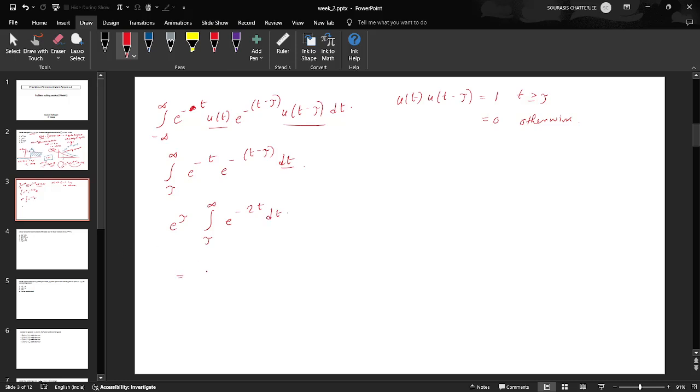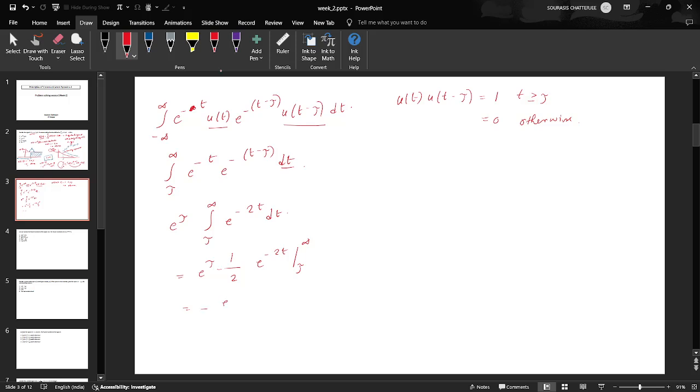and if we compute the integral, what we will get is e to the power tau times minus 1 over 2 e to the power minus 2t, from tau up to infinity.